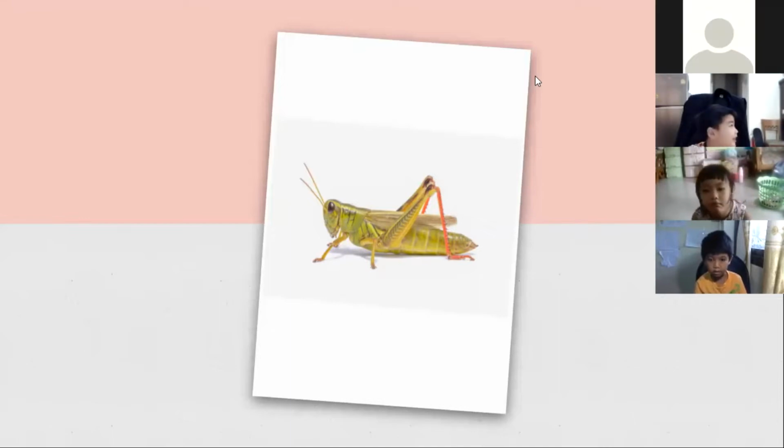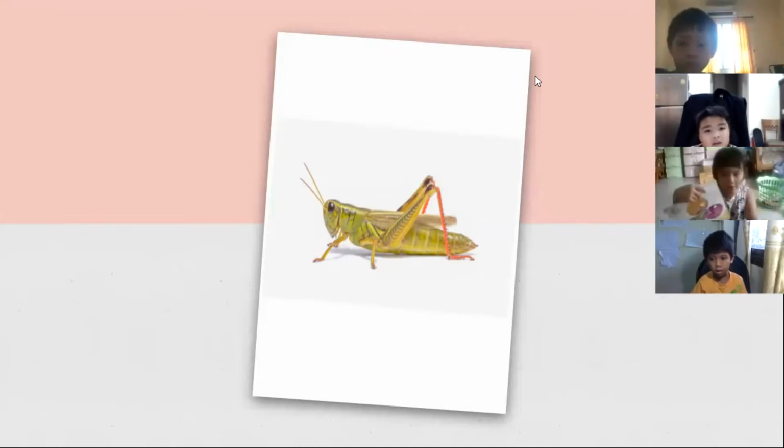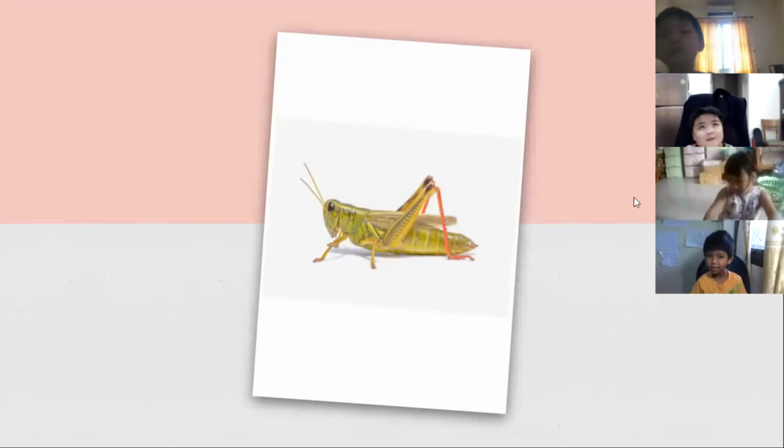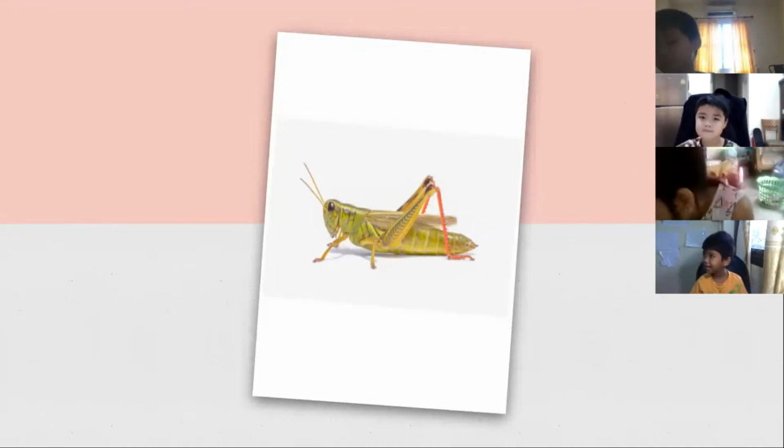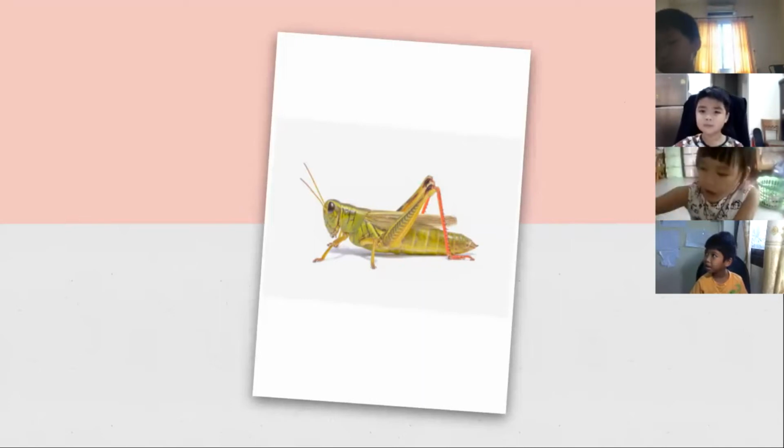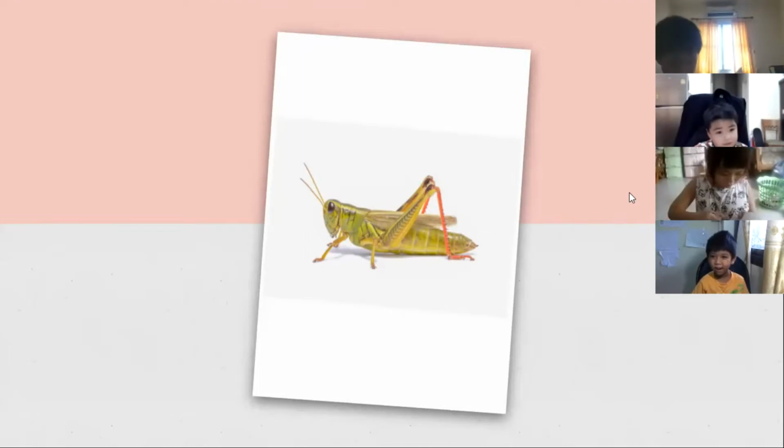Does it live on the farm, in the sea, in the forest, in the deserts? Listen first. Okay, so a grasshopper can live in the forest and it can live also on the trees.